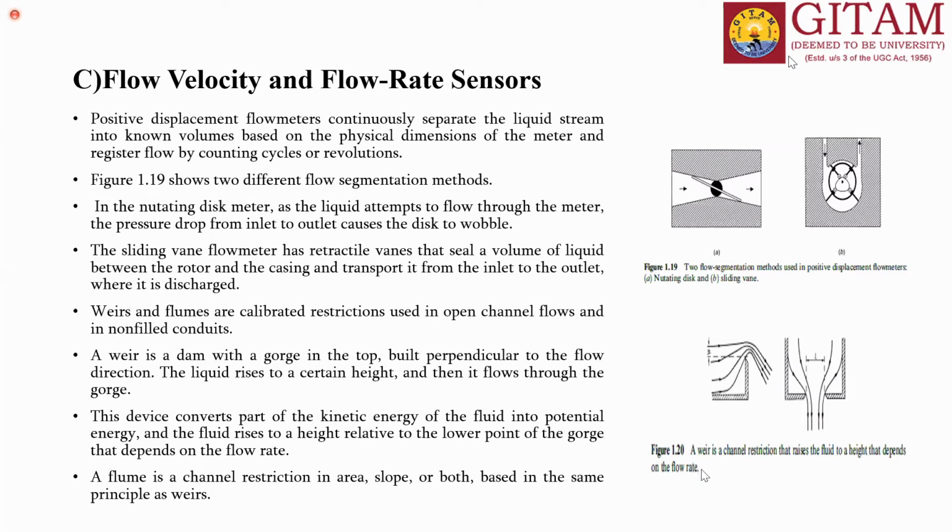And the next flow meter is a weir. It has a very simple construction. It is a dam with a gauge in the top, built perpendicular to the flow direction. The liquid rises to a certain height and then it flows through the gauge. So here the liquid flows out of this weir.